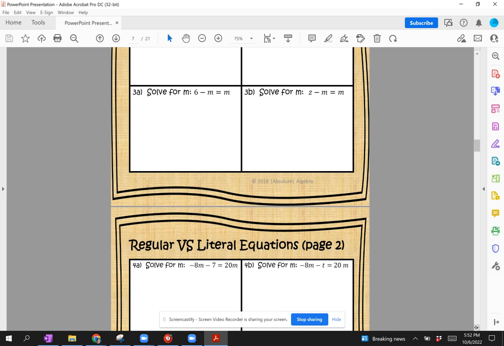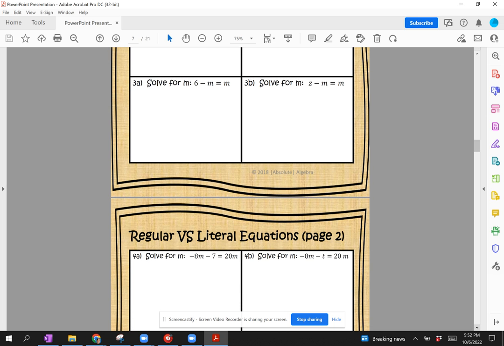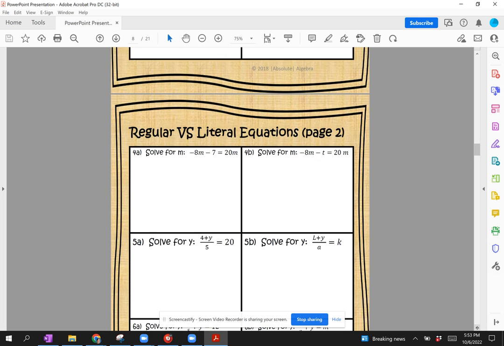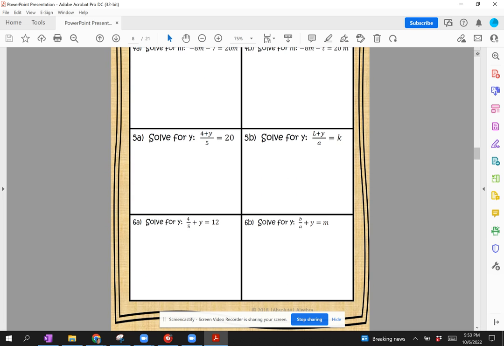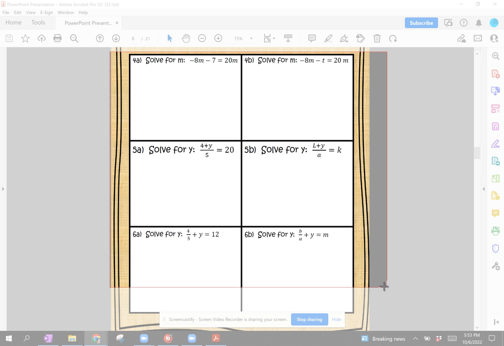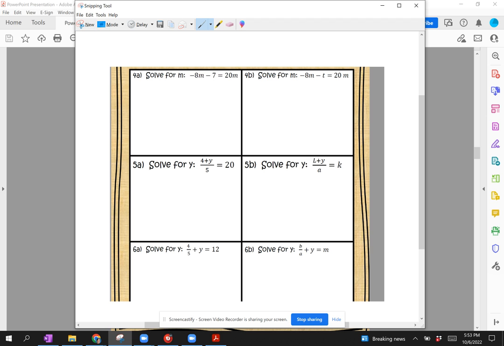Now for the last 6, most of them are going to be no more than 3 steps. So let's see. So once again, we have the m's. So if you want to add 8m to both sides because they were on different sides of the equal sign, we have to move them together.